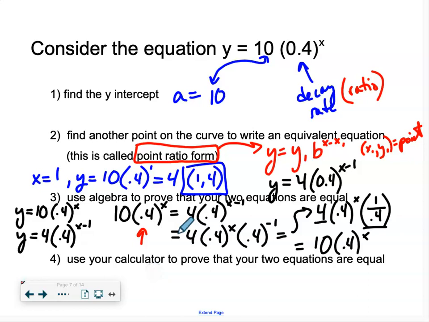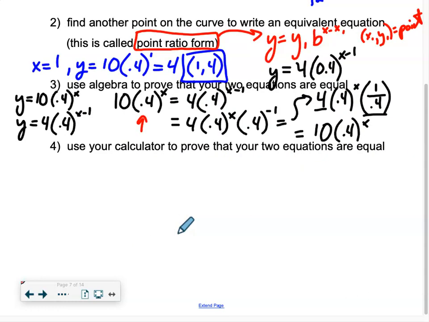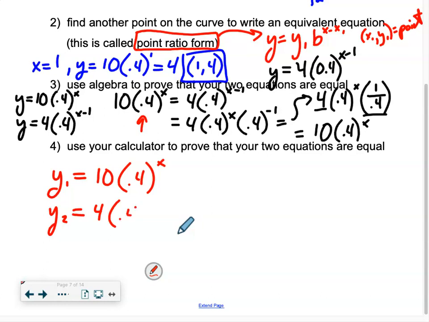All right, use your calculator to prove that your two equations are equal. Much easier to do. So you can just put y1 equals your 10 times 0.4 to the x, and in y2 you can put in your 4 times 0.4 to the x minus 1, and then when you graph them both, what you're going to end up with is the exact same equation right on top of itself.